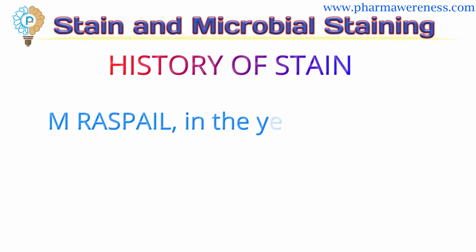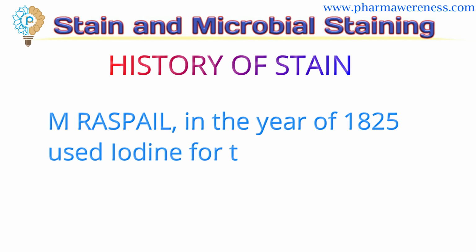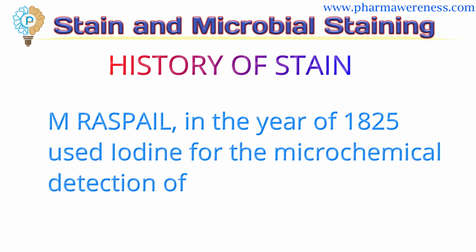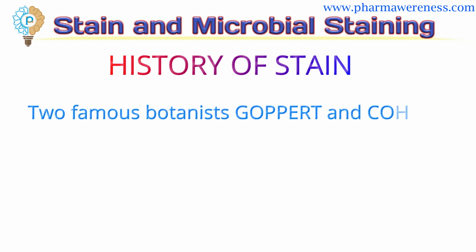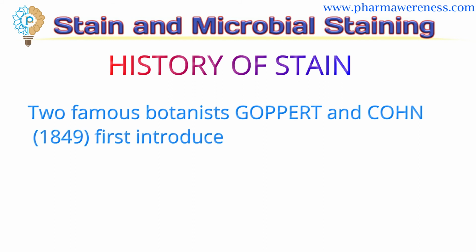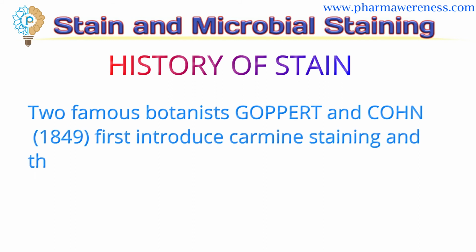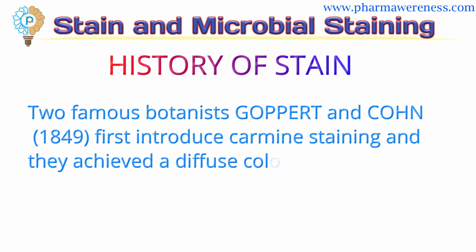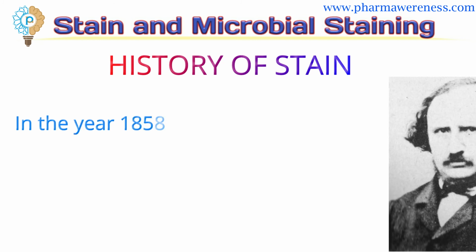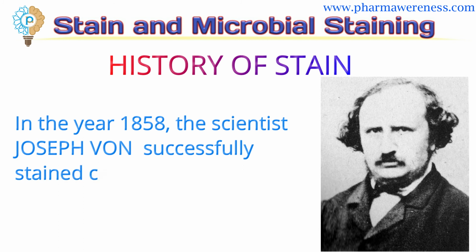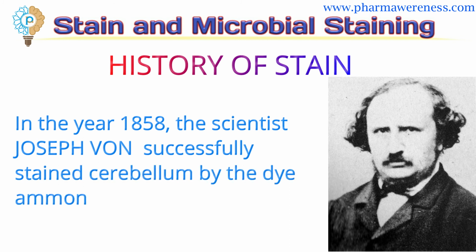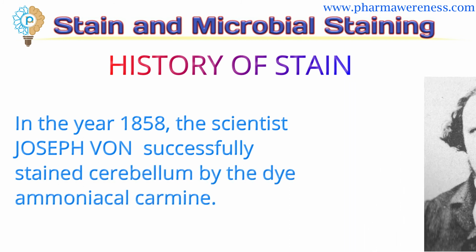M. Raspail in the year 1825 used iodine for the microchemical detection of starch. Two famous botanists, Goppert and Korn, first introduced carmine stain and they achieved a diffuse colorization of the tissue. In the year 1558, the scientist Joseph Gerlach successfully stained cerebellum with the dye ammoniacal carmine.